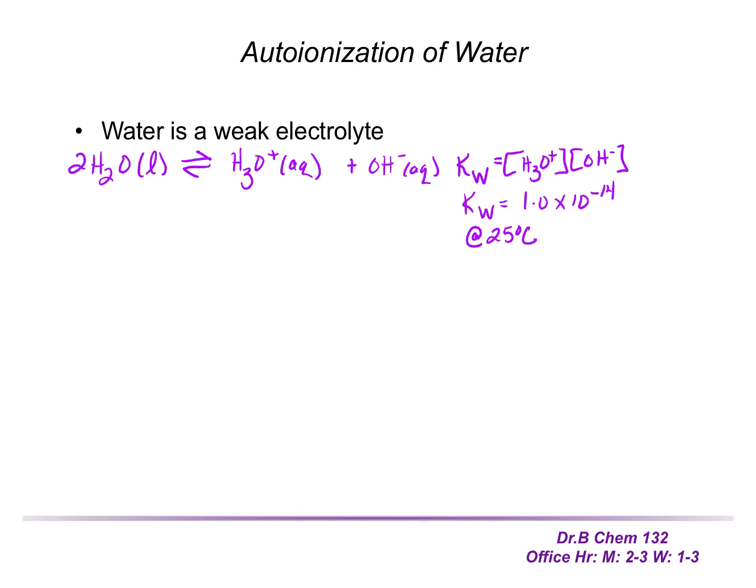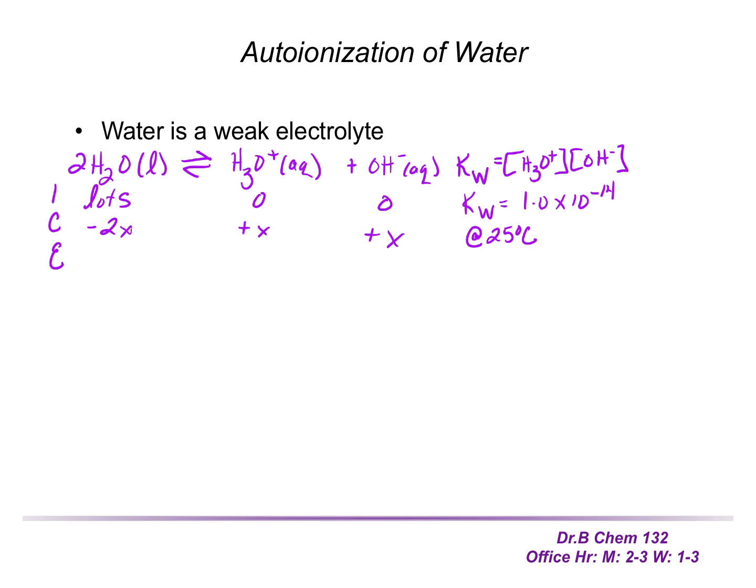So what can we actually do with that K? Let's do our friend an ice table. Initially we have lots, because this is bulk water as a liquid, and we would then have 0 of each of our ions. I would be moving towards the products because I have 0 of each of them, so I'm going to do minus 2x under my water, plus x, plus x.